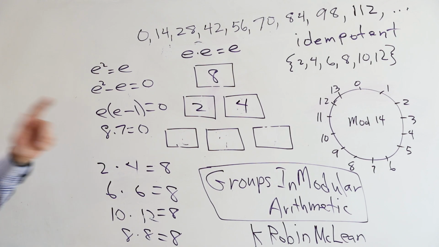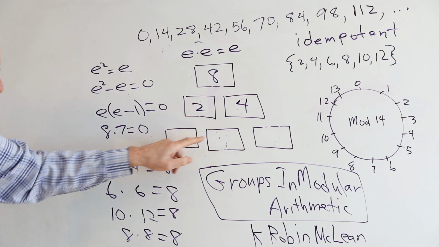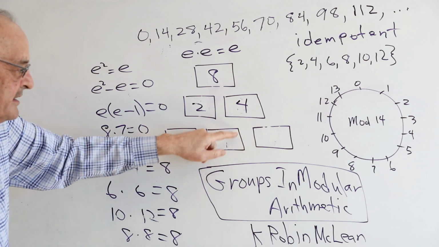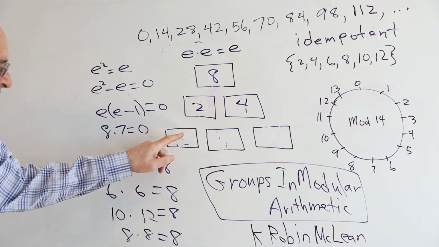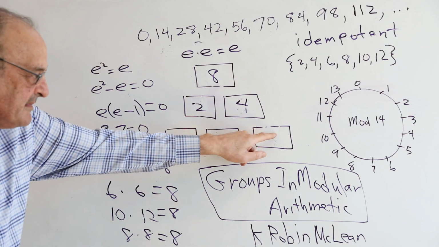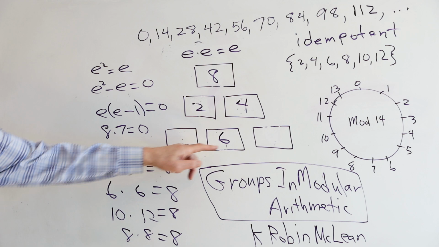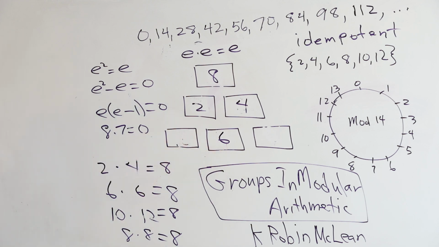But we can't put 10 times 12 here and here, because that's not 8. And we can't put 10 and 12 here and here, because that's not 8. So 10 and 12 have to be on the outside. And that means the other number 6 would have to go there. So 6 times something would be 2. What should we try? Let's just try one of them. Let's try 10.